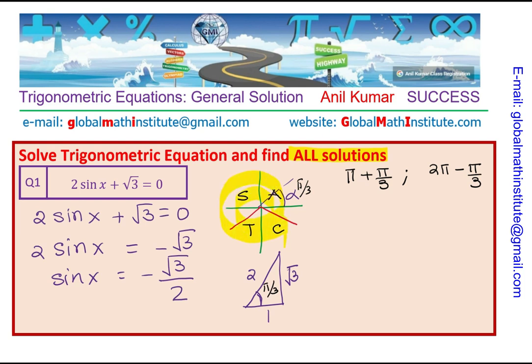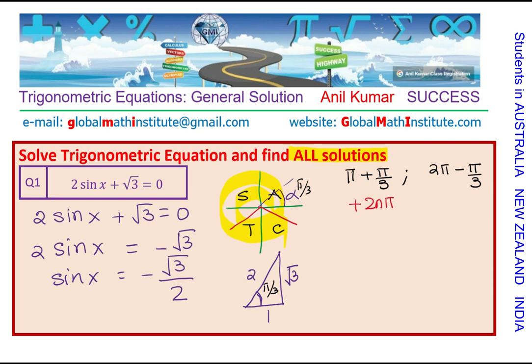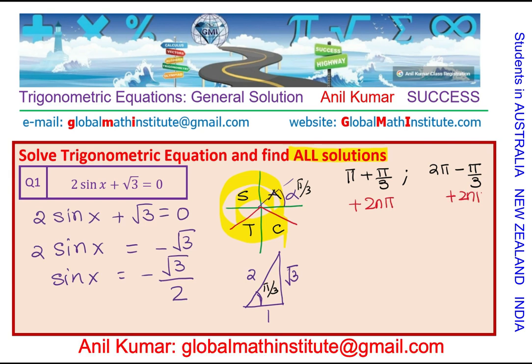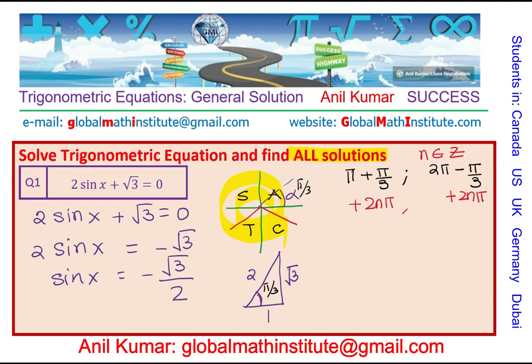That means we could add 2n pi to both of them, where n belongs to integers. That way we can give a general solution.